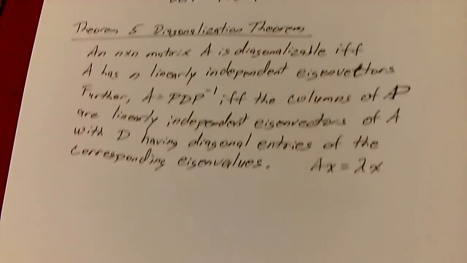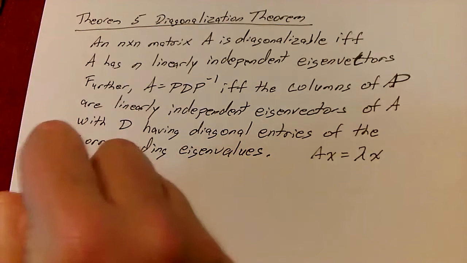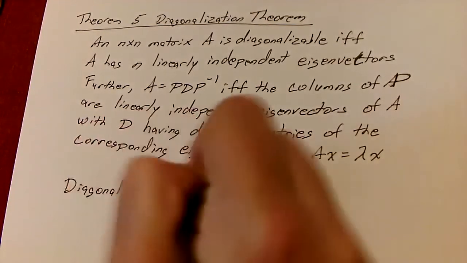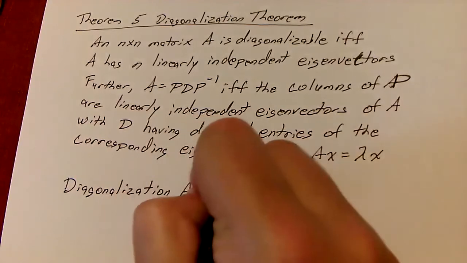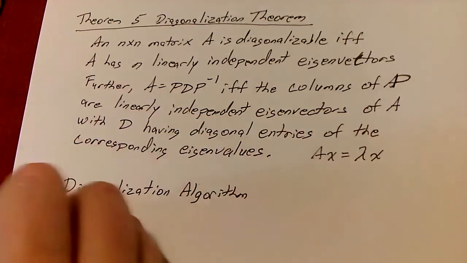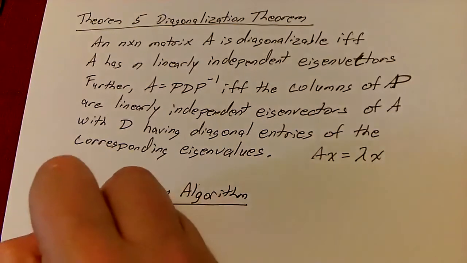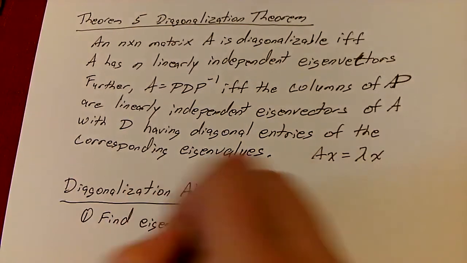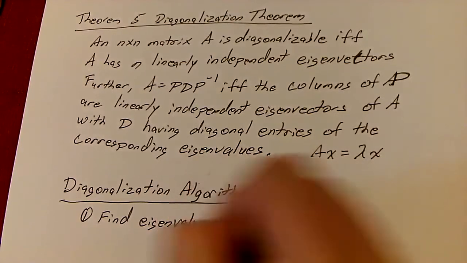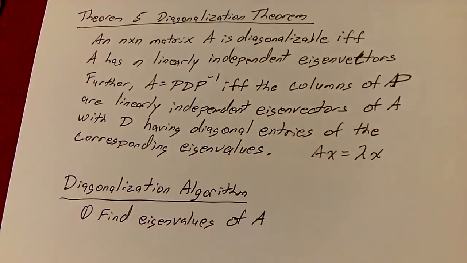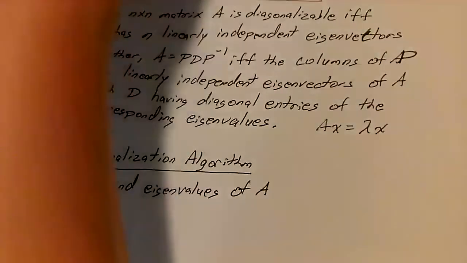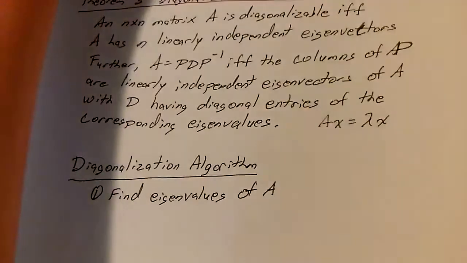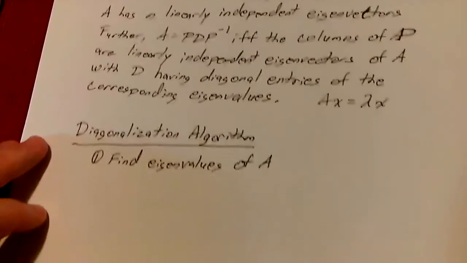Okay? So this gives us our diagonalization algorithm. It's like we had a row reduction algorithm, we're going to have a diagonalization algorithm. The diagonalization algorithm is going to be, 1, to find the eigenvalues. You can use whatever means you find the eigenvalues. Maybe they're given. Maybe the matrix is triangular, so you can quickly determine them. Maybe you have to solve the characteristic equation. Some are a little harder than others. Some are easier than others.